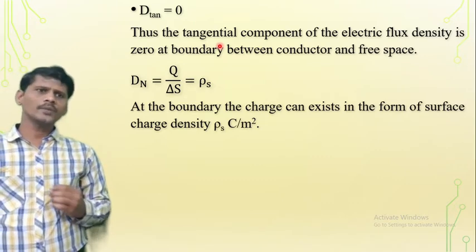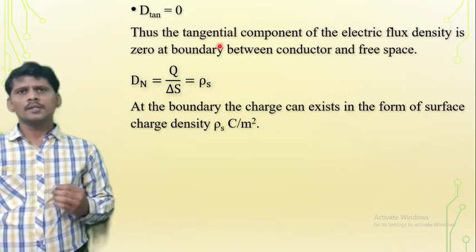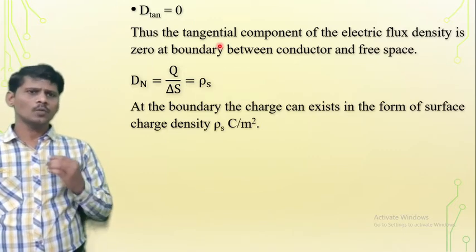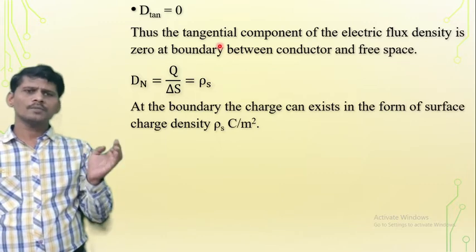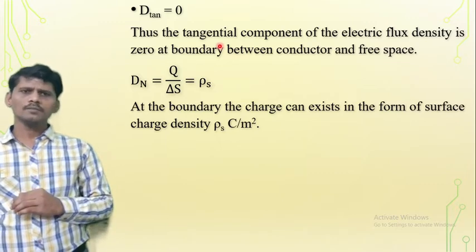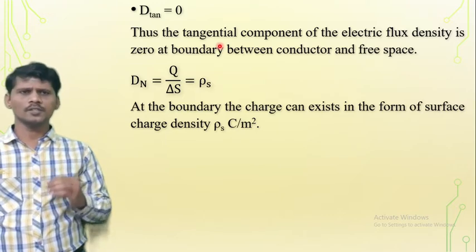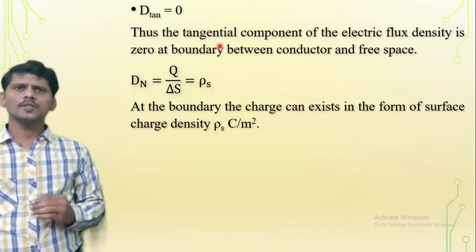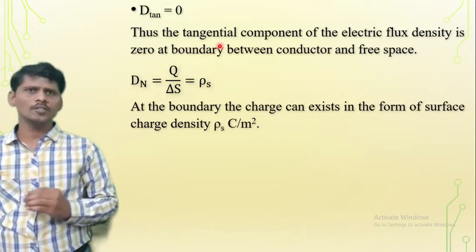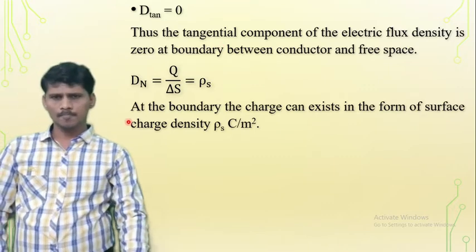At the boundary between conductor and free space, the flux density can exist only in the form of surface charge density. That is, D N is equal to rho s.